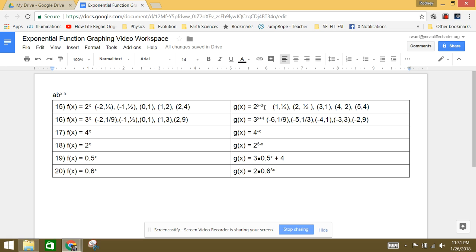If I wanted to shift 3 to the left, or 4 to the left, h would be negative 4. X minus negative 4 is the same as x plus 4. So this is a tool you can use for transforming a function. If you want to shift horizontally, you add or subtract something to the x. And that'll work very nicely for a lot of manipulating of your functions.